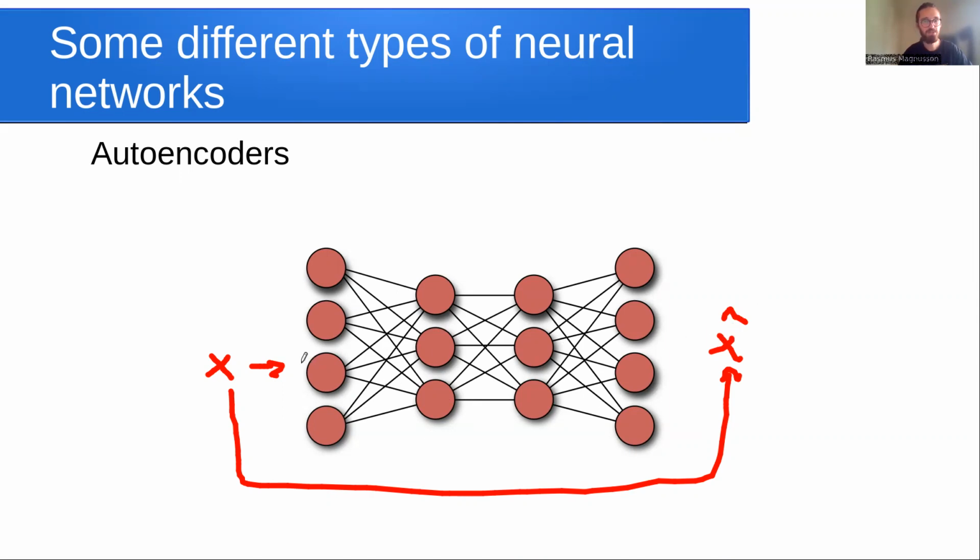The reason you do that is that if you go from many dimensions of your input data to fewer, you lose lots of noise, because the model cannot afford to model the noise. So you actually denoise data by doing that. And there are lots of other interesting features of autoencoders as well.